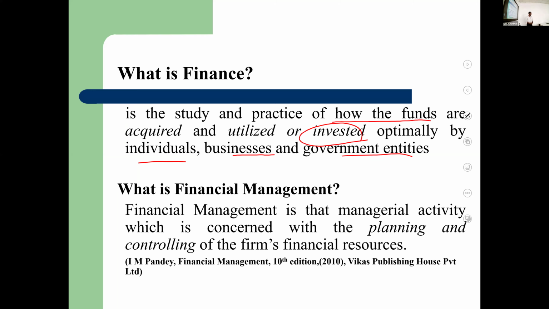Can you remember? From planning to control. Yes. Organizing, leading, control. Those are the four components of management. So if you apply those management components to the finance or your financial resources, that is called what? Financial management. Clear? So financial management is the managerial activity.